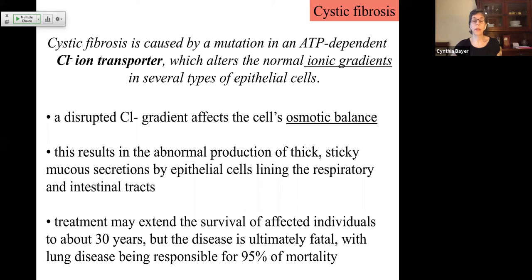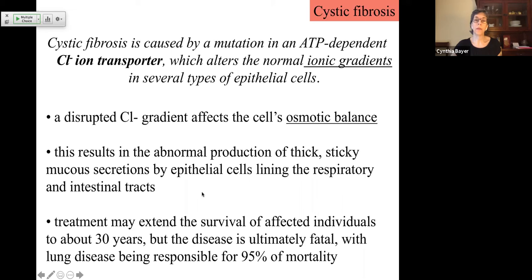They'll be secreting sweat that is too salty. They won't secrete pancreatic components like insulin and digestive enzymes properly. And so that will affect proper digestion functions of the intestine and will affect the lining of the respiratory tract.